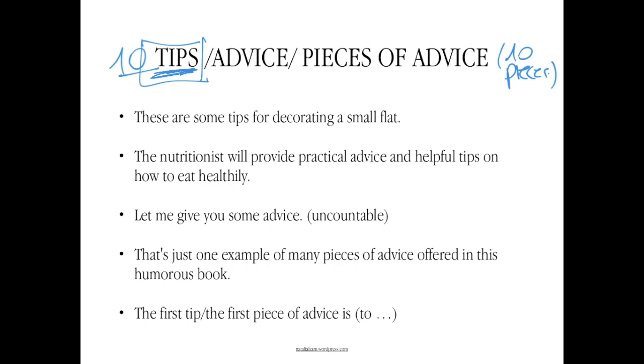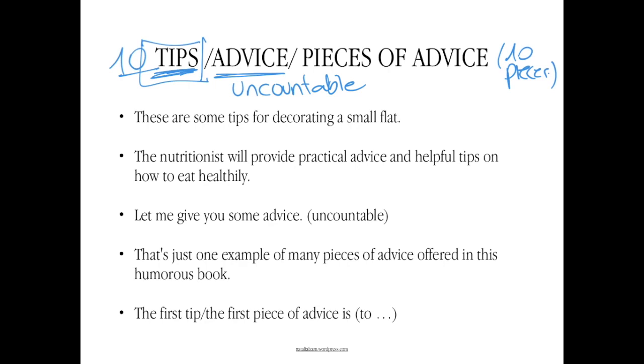Top tips on how to, whatever. Top tips on how to lose weight. Top tips on how to succeed at exams. Things like that. Because the word advice is an uncountable word. You can't use a number and then the word advice, and it doesn't have a plural.